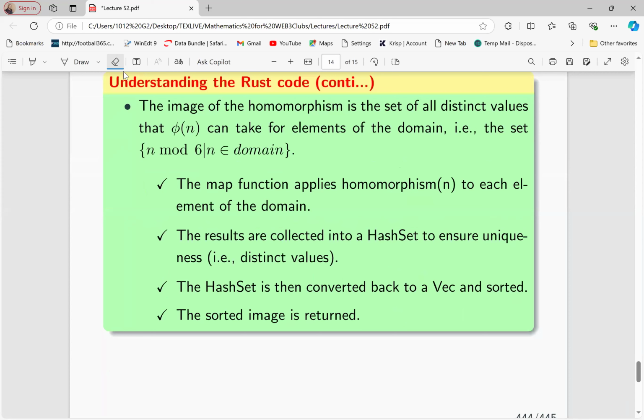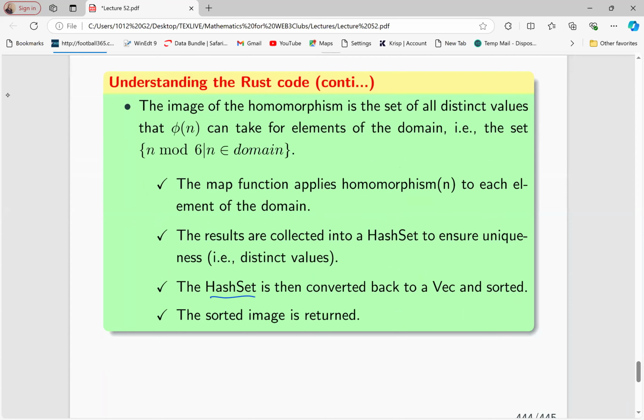Of course, at this point, I will again explain the use of the hash set. Here, the hash set: the results are collected into a hash set to ensure uniqueness.